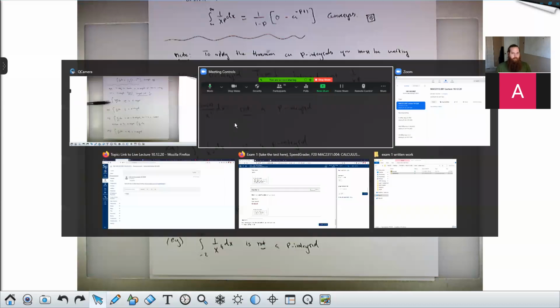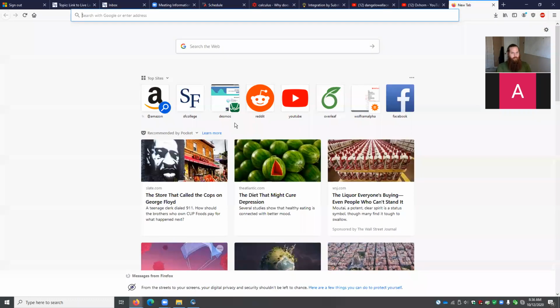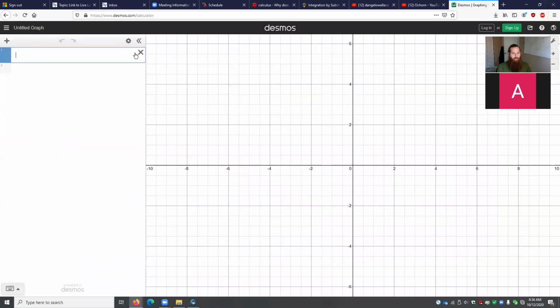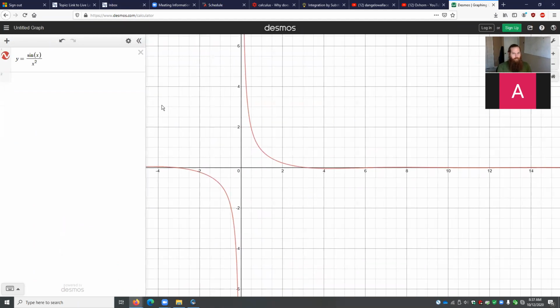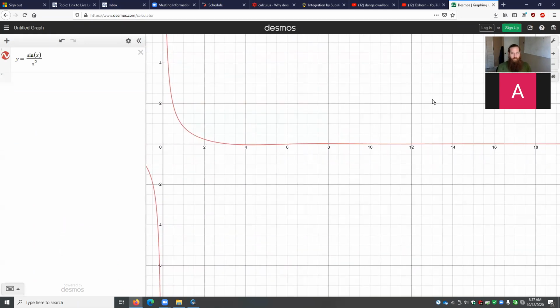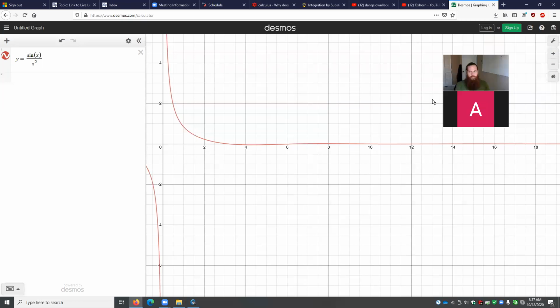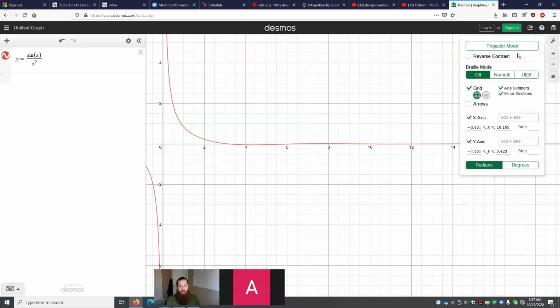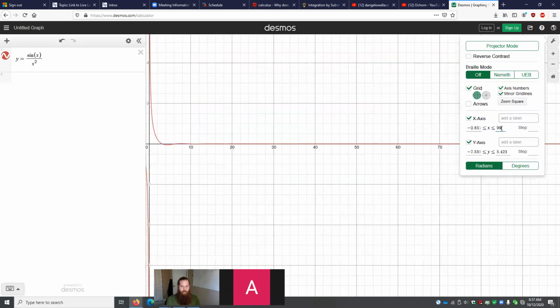In fact, if you look at the graph of sine x over x squared, let's do that real quick. And let me rescale my y-axes. So x's, let's send these out as far as we can.